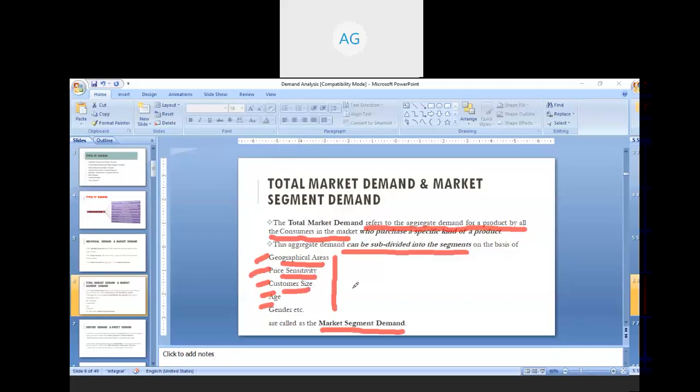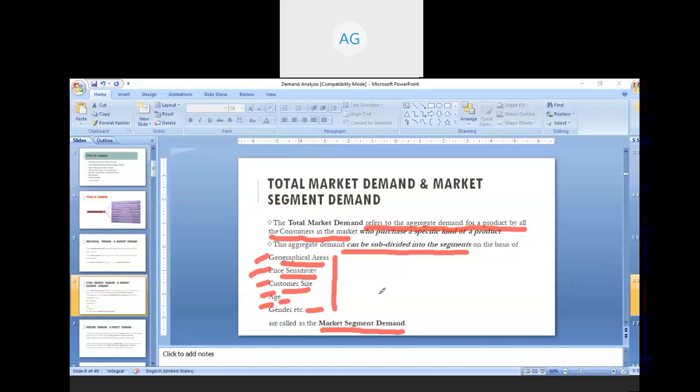Basically, within a particular city the demand for that item might be in the hundreds, while in another city the demand for that item might be in the thousands. Then the age of the consumer who demanded that product, and the gender, whether the item has been demanded by females or males.